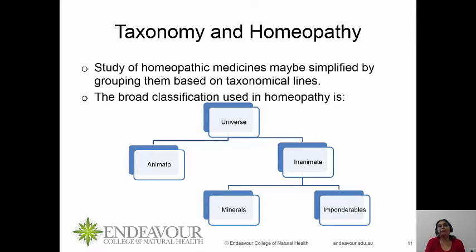For example, all the minerals will come under the inanimate group, and so will the medicines sourced and grouped under imponderables. An example of an imponderable would be the sun, the medicine called Sol, or medicine made from X-ray. This would come under imponderables.